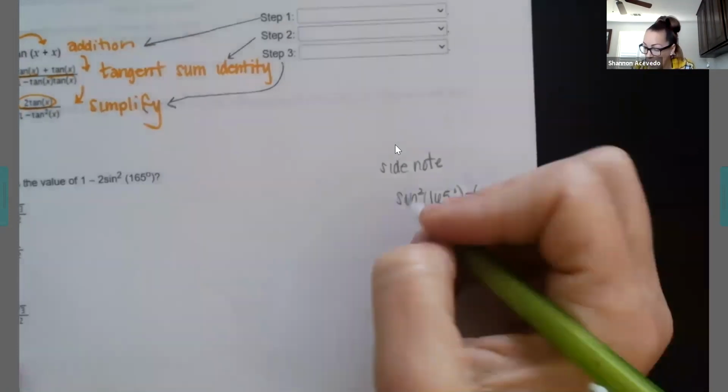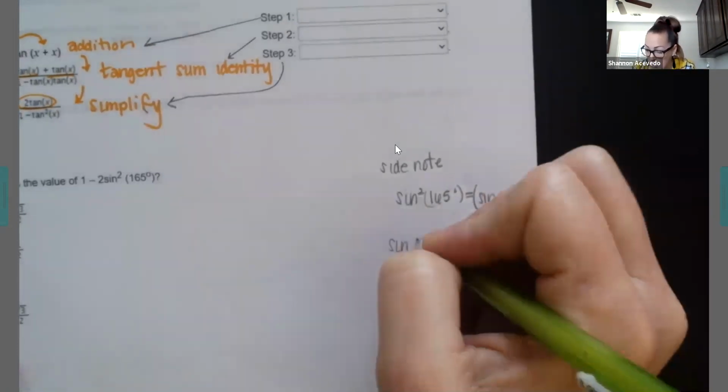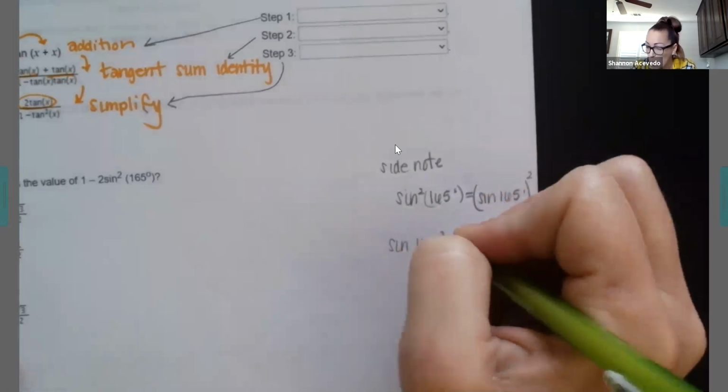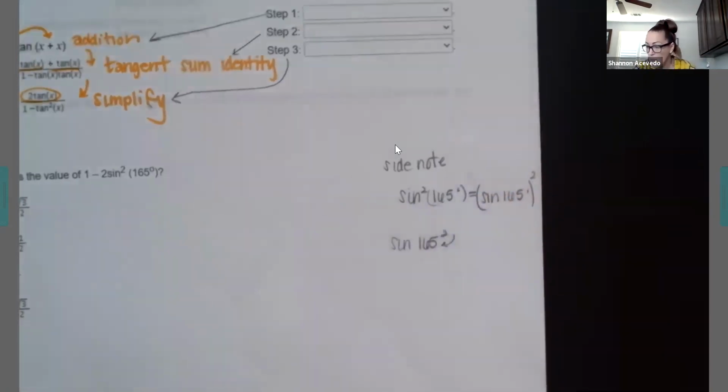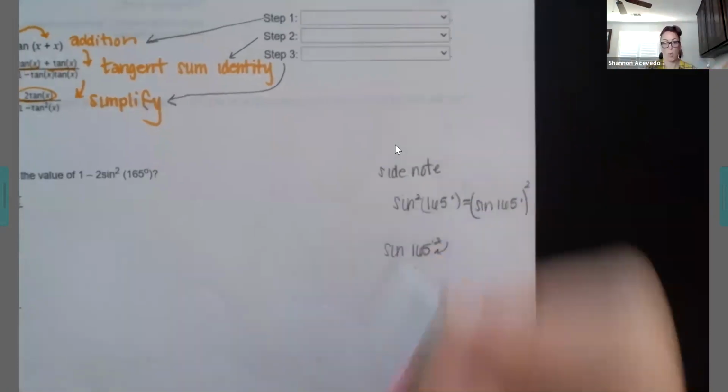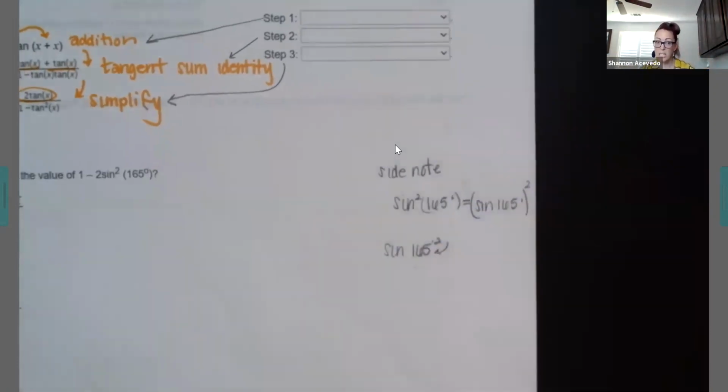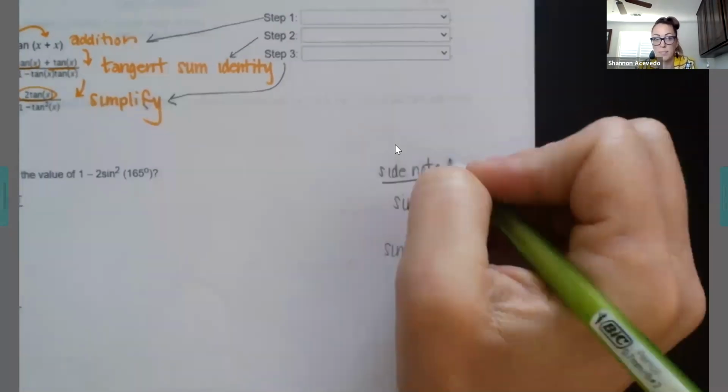That's different than saying sine of 165 squared, which is squaring that 165. That's why they put the square next to the sine when they want the whole quantity. That kind of gets confusing sometimes. I wanted to make sure to point that out to you guys.